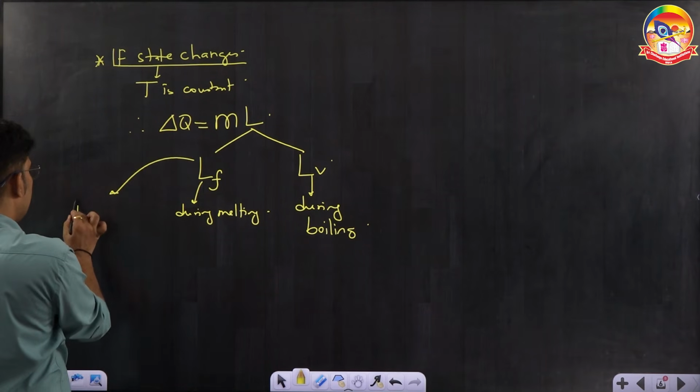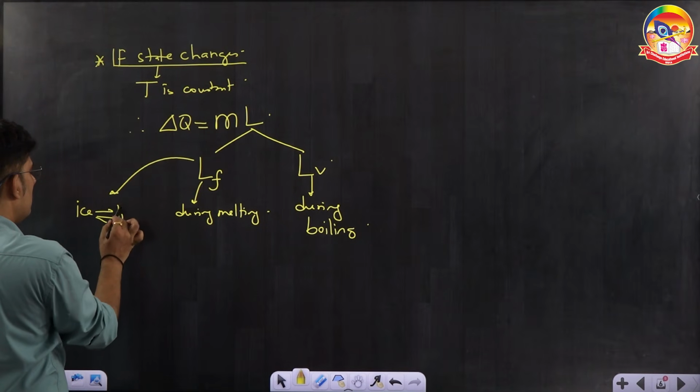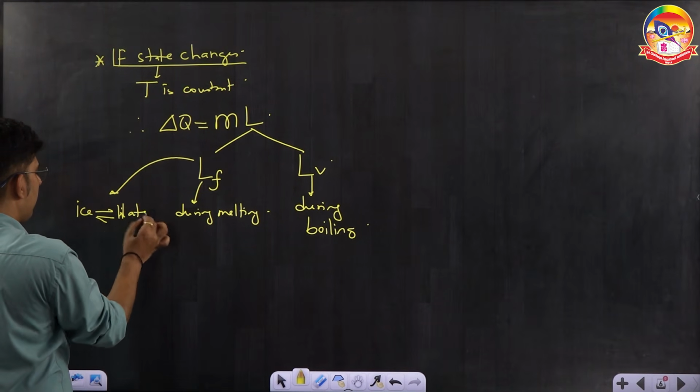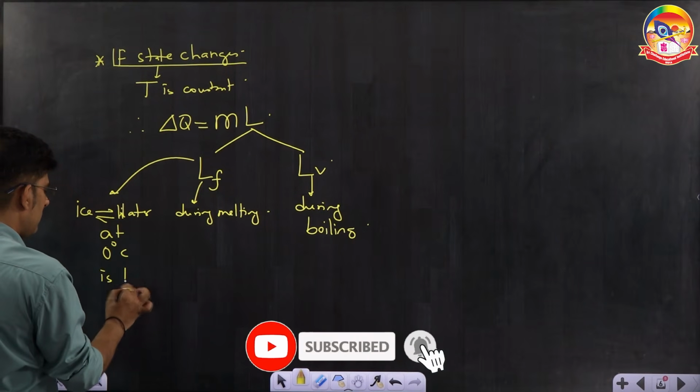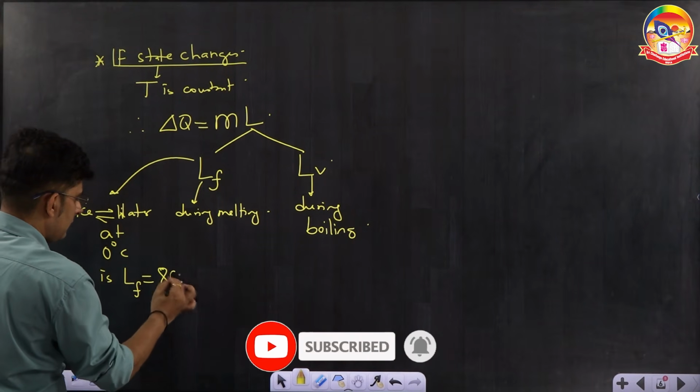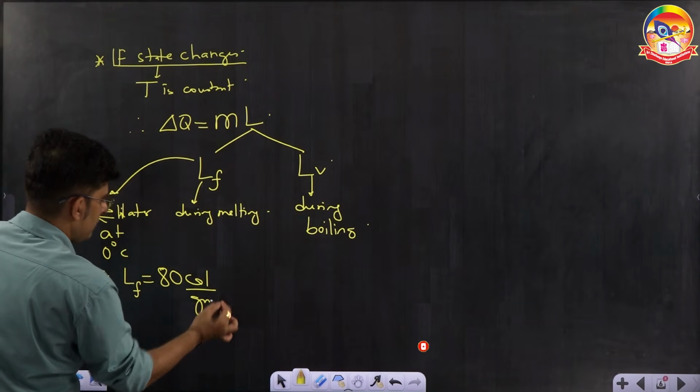So LF and LV, two important values which we need to remember. LF, when we have ice converting to water or water converting to ice at 0 degree Celsius, this value is 80 calorie per gram.